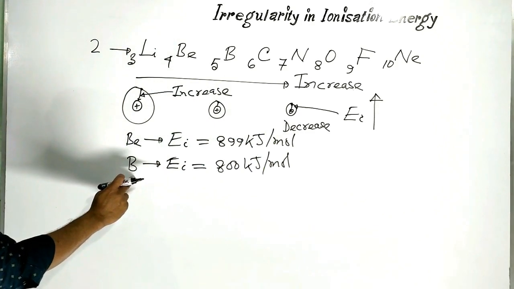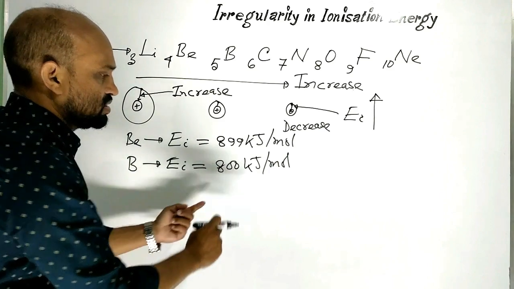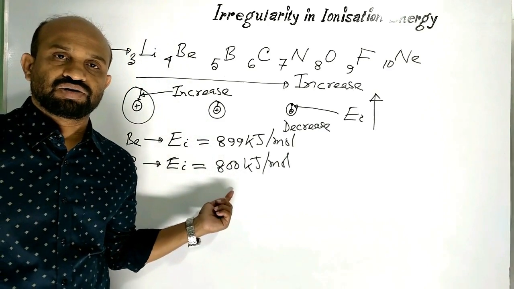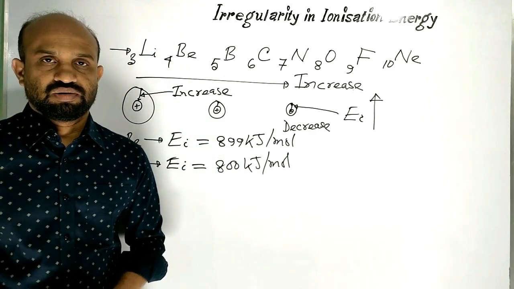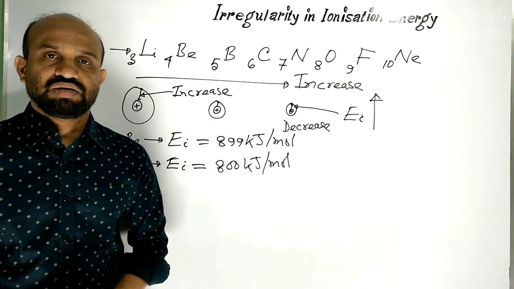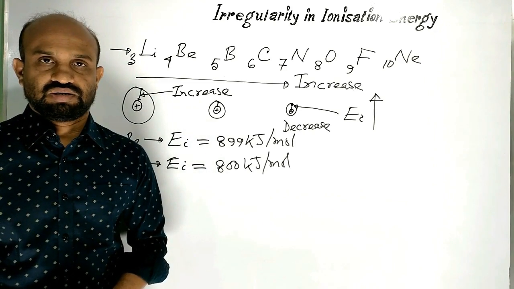On the other hand, ionization energy of boron is lower, which is 800 kilojoule per mole. This is the irregularity in ionization energy.